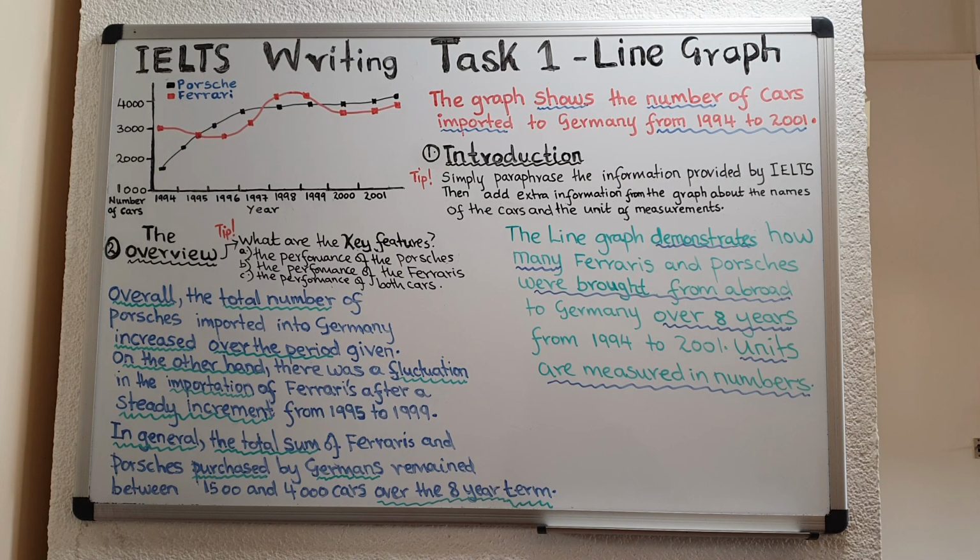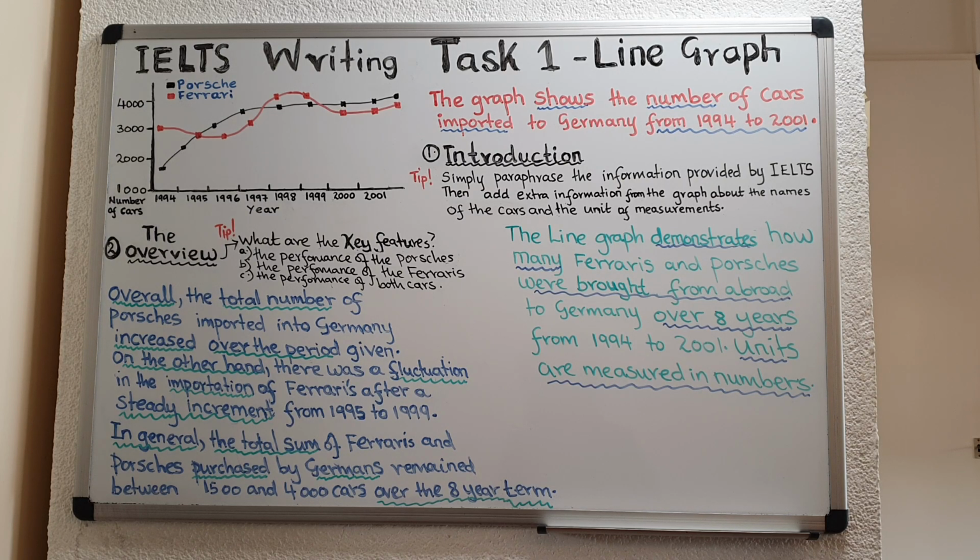When it came to the Ferraris, there was a fluctuation. Okay, when it came to the Porsches, the import was steady, just increased over the whole period. But with the Porsches, it kept going up and down.